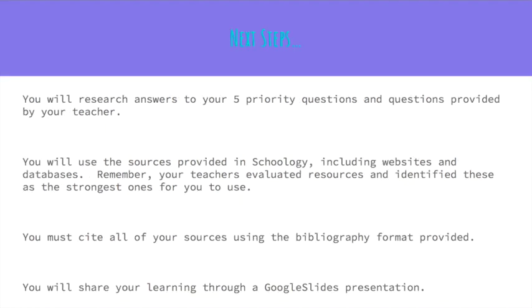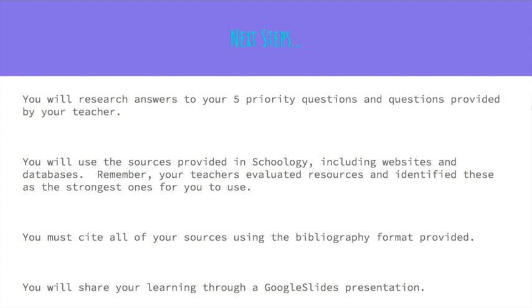Now that you have your priority questions identified, it's time for the next steps. Following the steps provided to you in Schoology, you will research answers to your 5 priority questions and the questions provided by your teacher. You will use the sources provided in Schoology, which include websites and database sources. Remember, your teachers and I evaluated these sources and identified these as the strongest ones for you to use.